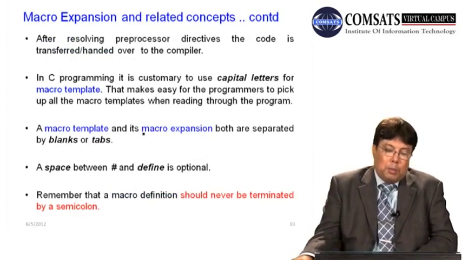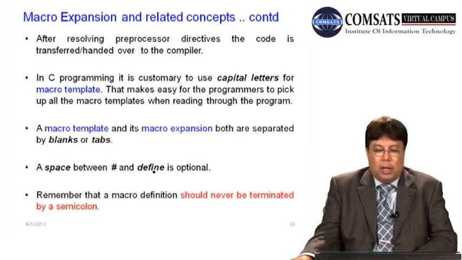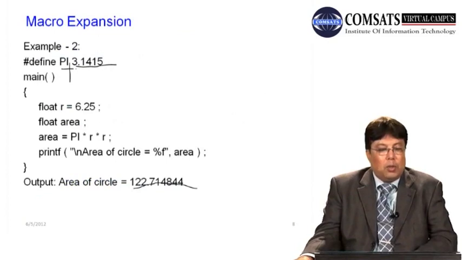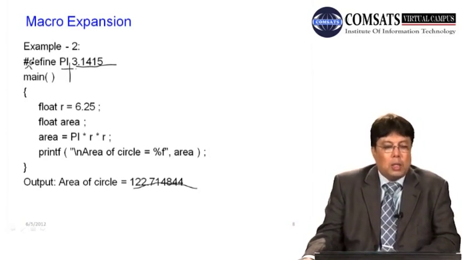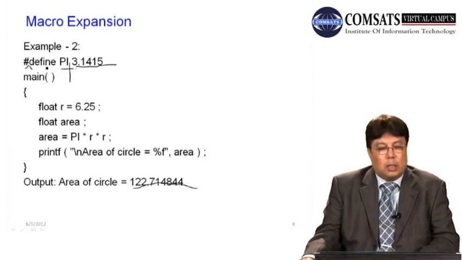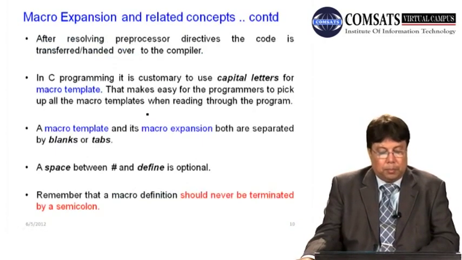Similarly, the space between hash and define keyword is optional. यानी कि यहाँ पर जो हमने define use किया है word, you can see that this define word here, the space is optional. You can use a space or you may not use a space. This is optional. Okay, let's go back.